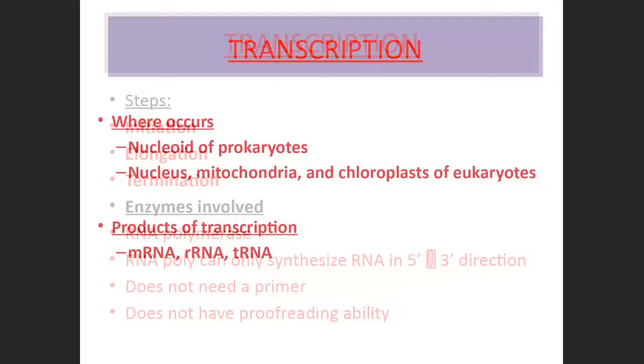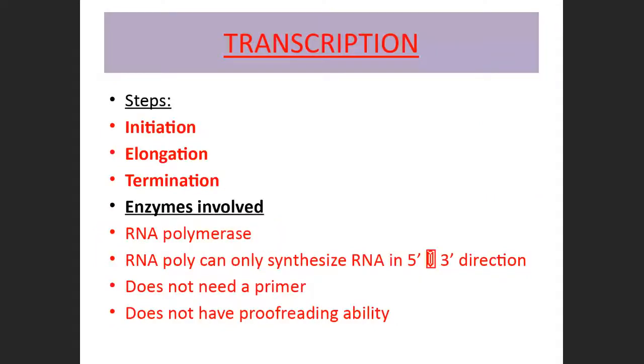And the process of transcription itself is fairly simple. The enzyme involved in transcription, which is the RNA polymerase, is going to bind to the promoter region of the gene, and from there it will start to make a single-stranded copy of the gene.